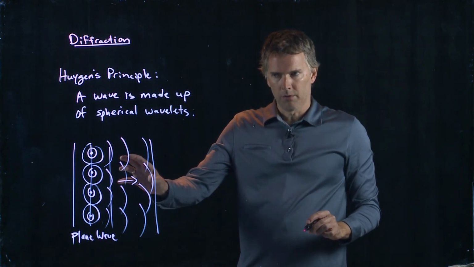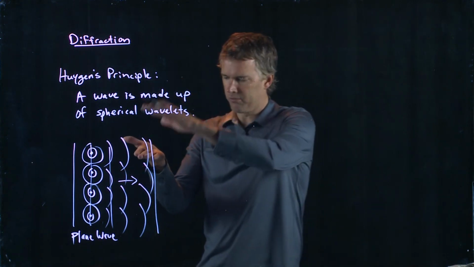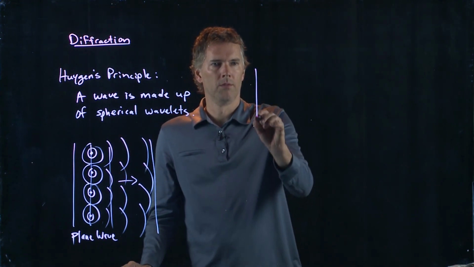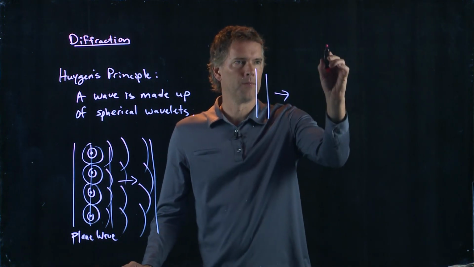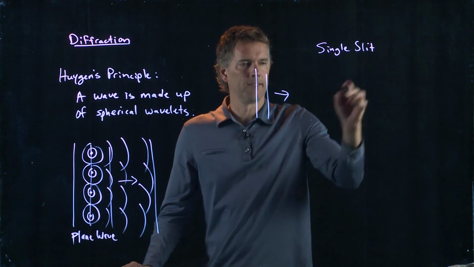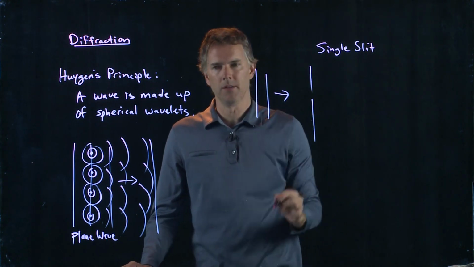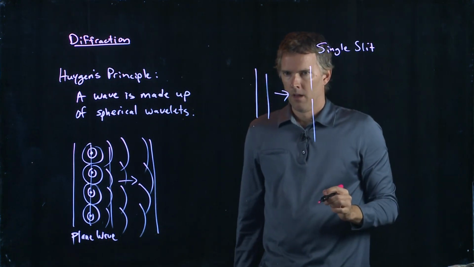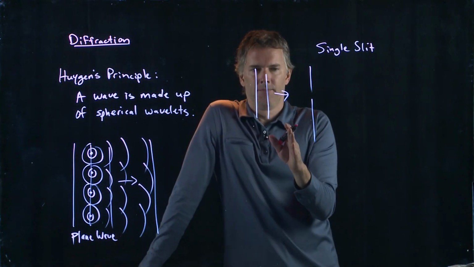Let's see how this works when we're dealing with a small hole that the wave goes through. Okay, this was our single-slit problem that we talked about yesterday. Here comes our plane wave.